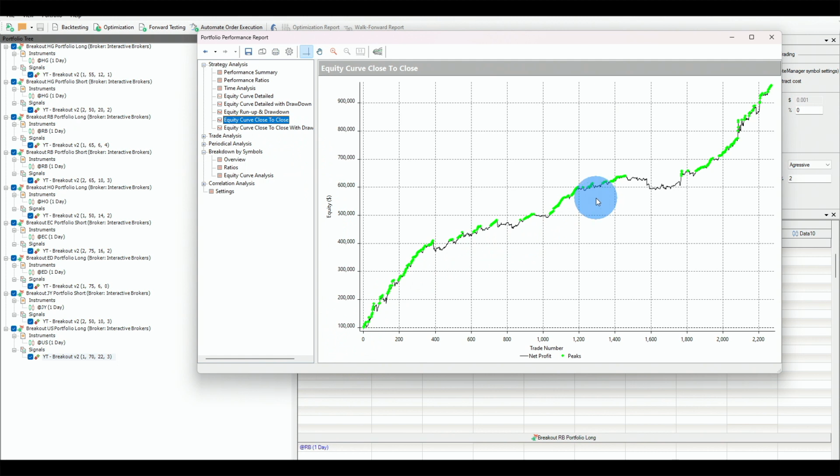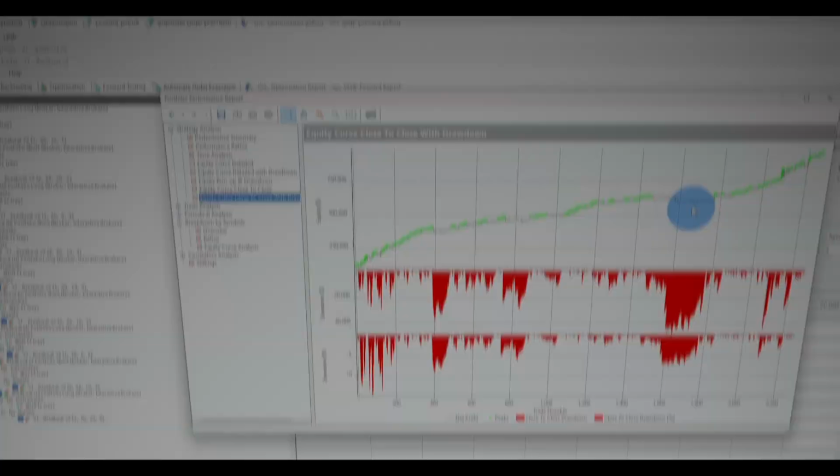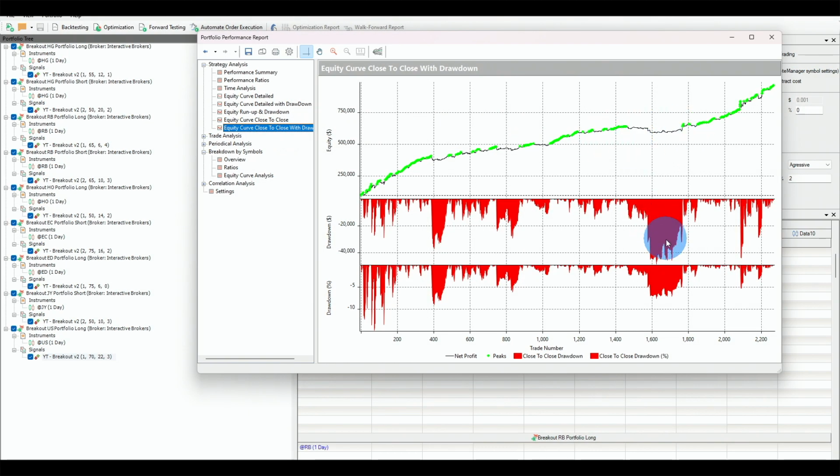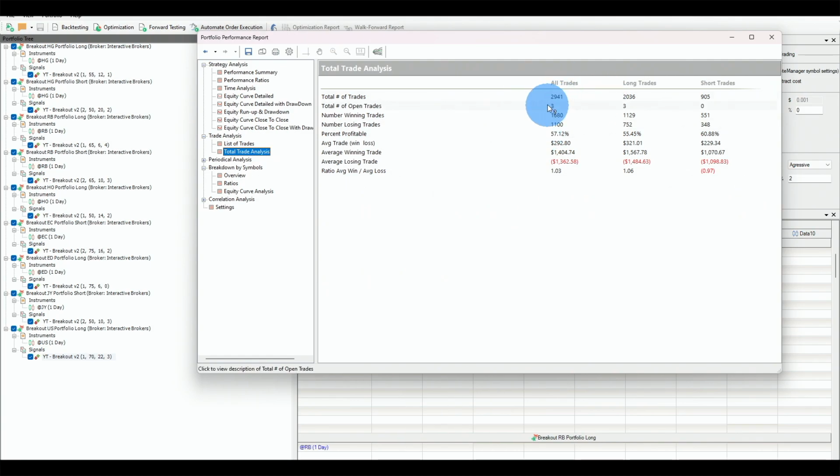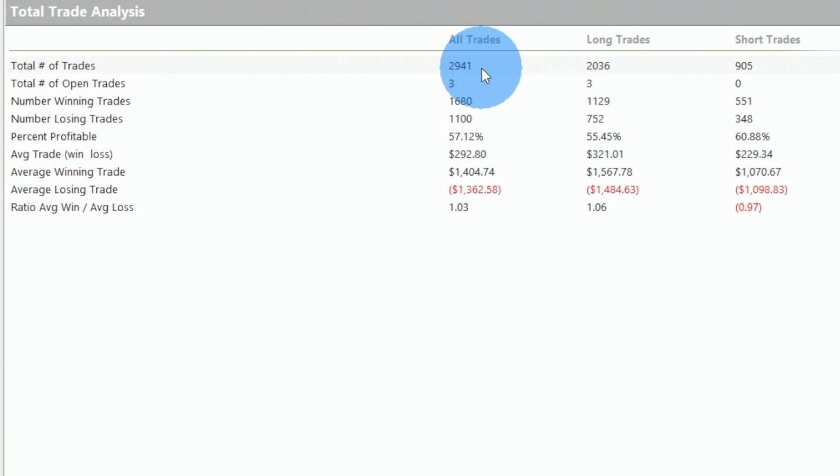This shows you where we are making new highs with the green dots. So you can see here we have drawdown, here we have drawdown, and this is the longest drawdown. You can see here it's $41,000, $42,000, but it is about 7% at this point in the portfolio. Looking at the trade analysis, we have about 3,000 trades with an average of all the trades of $292.